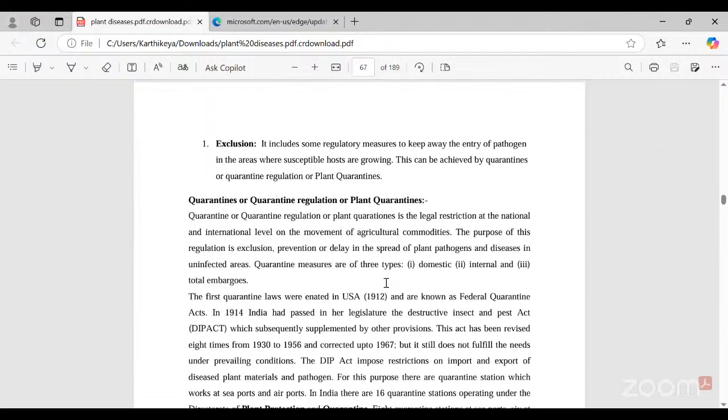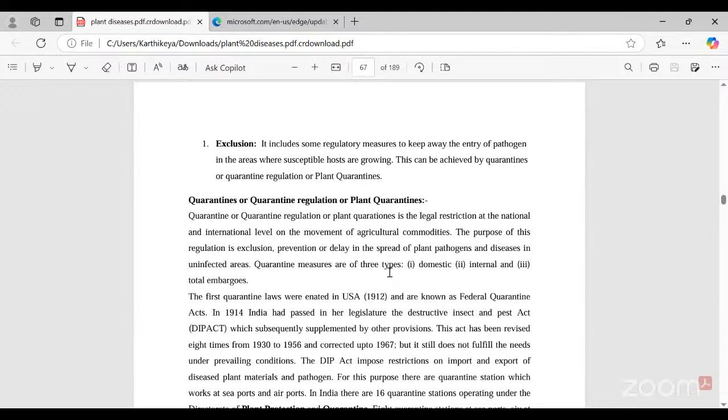Exclusion includes some regulatory measures to keep away the entire pathogen from the areas where susceptible hosts are growing.